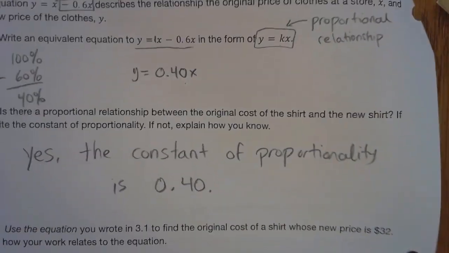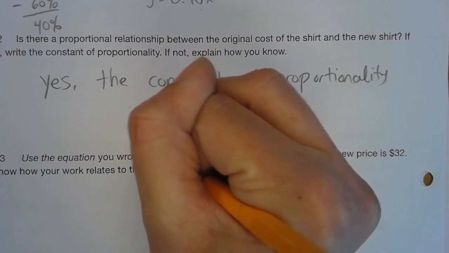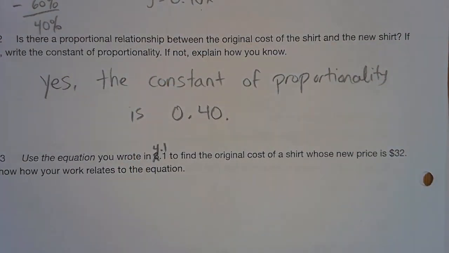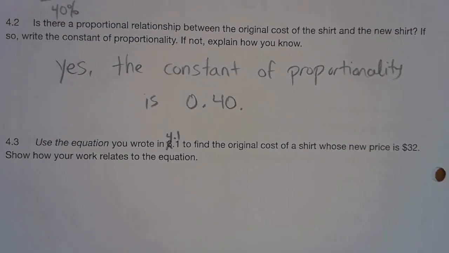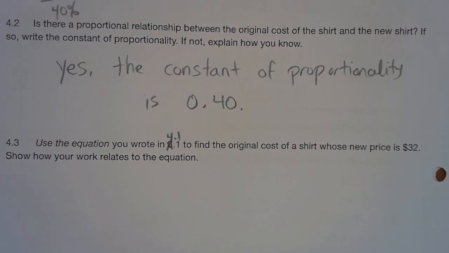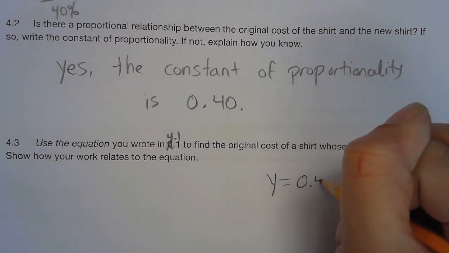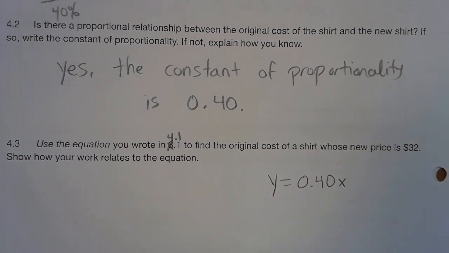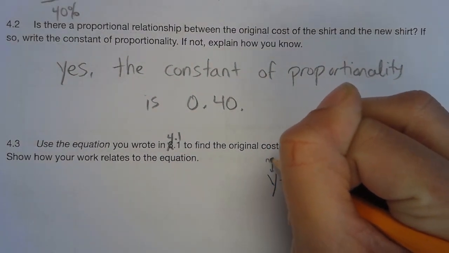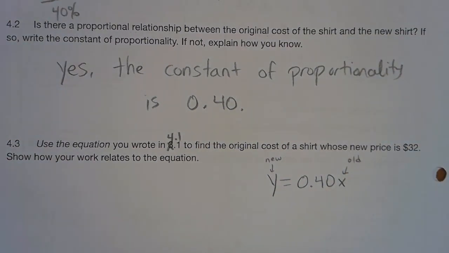Cool. And then finally, we're going to use that equation that we wrote, and this should be 4.1, to find the original cost of a shirt whose new price is $32. Show how your work relates to the equation. So the equation I wrote is y equals 0.40, or 40/100ths, times x. y represents the new cost of clothing, and x represents the old price.